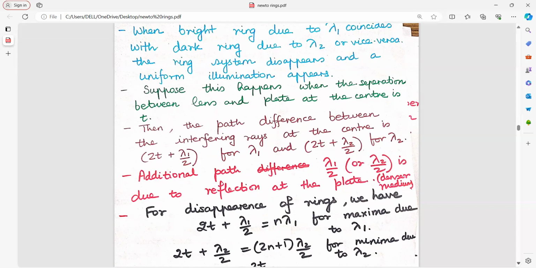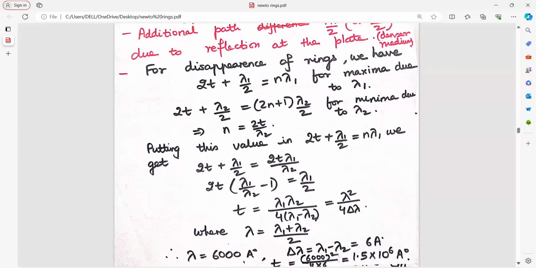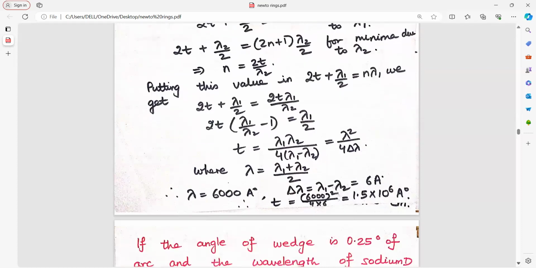Now, for disappearance of rings, we will assume 2t plus lambda 1 by 2 equal to n lambda 1 for maxima due to lambda 1, and 2t plus lambda 2 by 2 equal to 2n plus 1 lambda 2 by 2 for minima due to lambda 2. We solve these equations, simplify, and we get t equal to lambda 1 lambda 2 divided by 4 into lambda 1 minus lambda 2, and lambda has been taken as the mean of both.